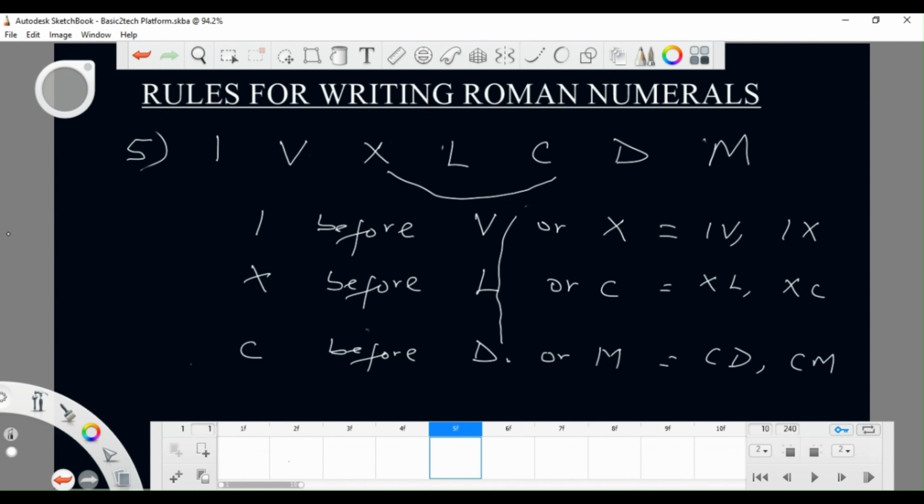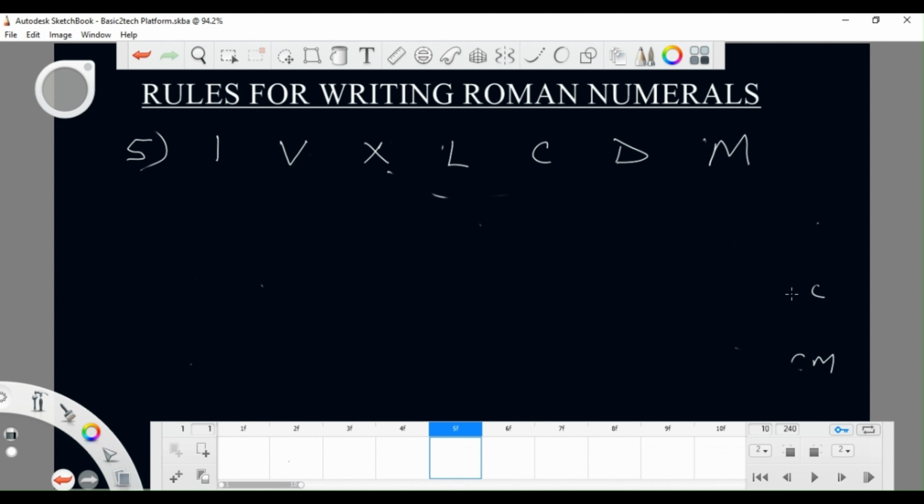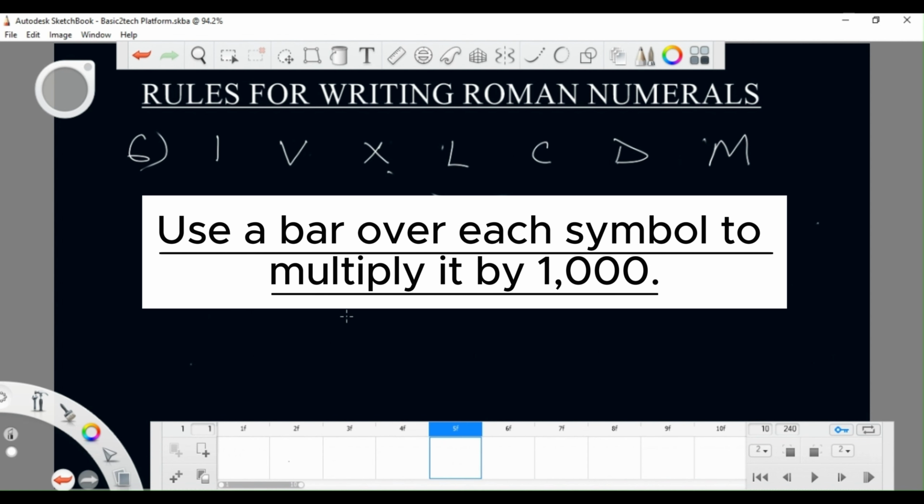One more rule, our rule number 6, is that we use a bar over each symbol to multiply it by 1,000.